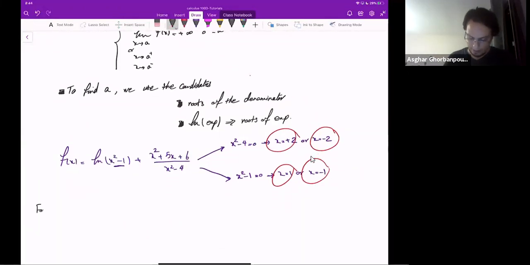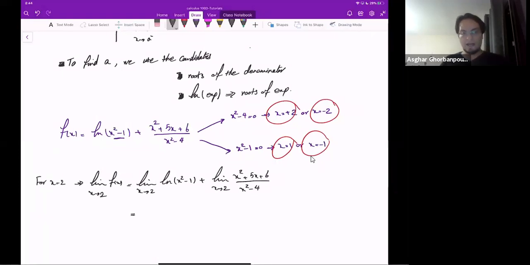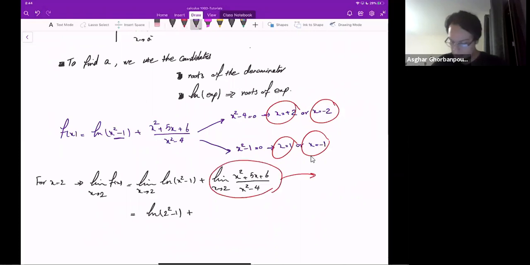For x equal to 2, I try the limit of the function as x approaches 2. The limit of the first part is ln of 2 squared minus 1, and for the second part we look at the limit of x squared plus 5x plus 6 over x squared minus 4 as x goes to 2.